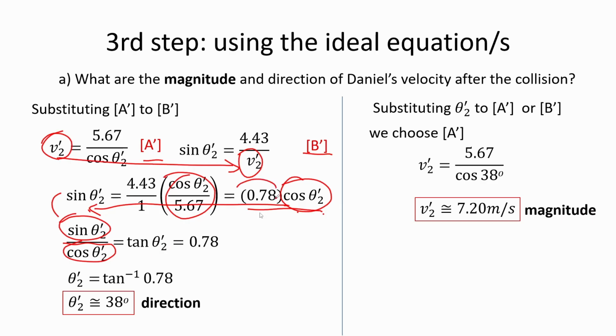Tangent theta 2 prime equals 0.78. So for theta 2 prime, we take the tangent inverse of 0.78, which gives you theta 2 prime of around 38 degrees. Wow. So that's the direction theta 2 prime.